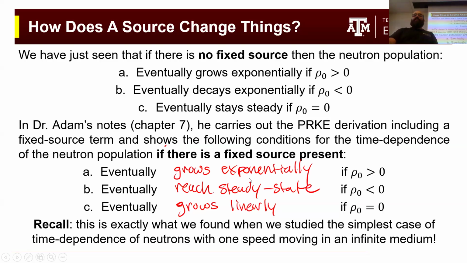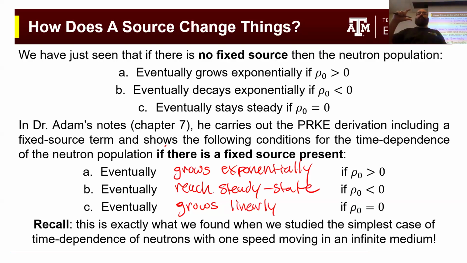But also, if this looks familiar, it's because it is, and we actually saw all of this when we did time dependence for the infinite medium problem. I don't remember if that was homework 1 or homework 2, but you should have seen all of these conclusions for that problem. So it's kind of interesting, or maybe a little bit annoying, that after all of this work, we're getting to the exact same conclusion that we had when we were studying a much simpler problem.